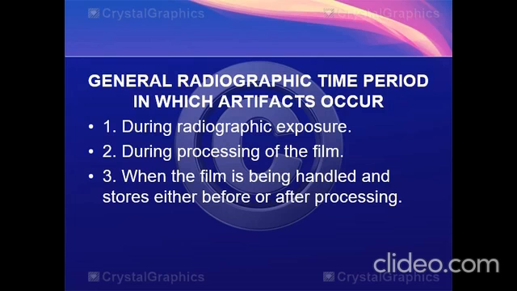During radiographic exposure, artifacts may occur if you have not thoroughly checked your patient. Maybe he or she is wearing a necklace, or has coins in his pocket, or some metals, bracelets, earrings, dentures. These can cause artifacts.